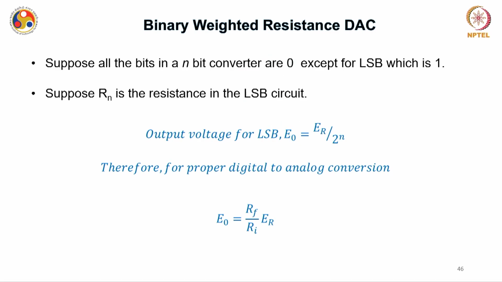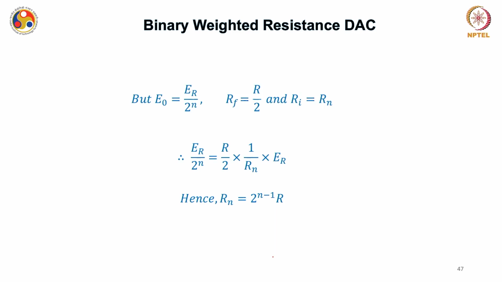Suppose all the bits in an n bit converter are 0 except for the LSB which is 1, and let Rn be the resistance of the LSB circuit. Then the output voltage for the LSB, E0, will be equal to ER by 2^n, as we have seen. Therefore, for proper digital to analog conversion, E0 is equal to RF by Ri into ER.